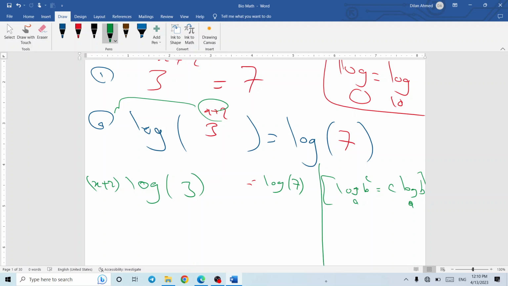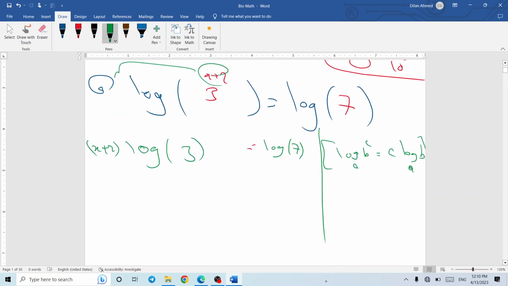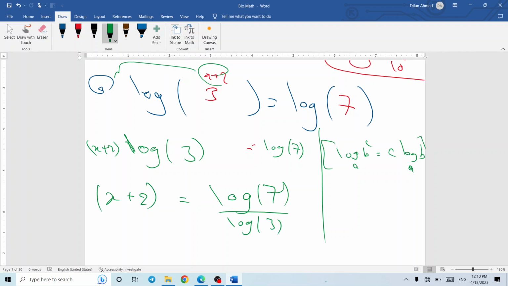Do you understand the step, dears? Question? No question. Okay, good. Now with x + 2, I'm going to use algebraic steps so that the terms with x are on one side, because at the end I want to say x is equal to something.